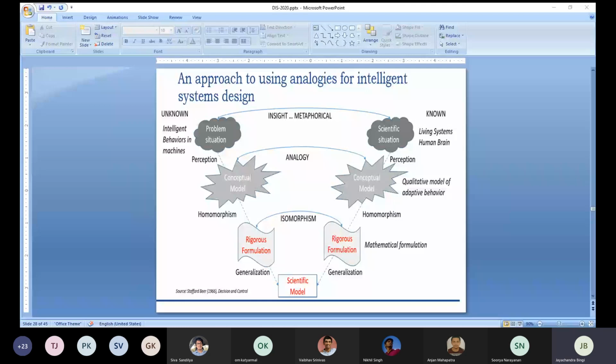Once you complete this mathematical model, you have a standard scientific model that will create the intelligence in this kind of system. Please remember, you can read Decision and Control by Stafford Beer, a 1966 paper. If you read this, you will understand.